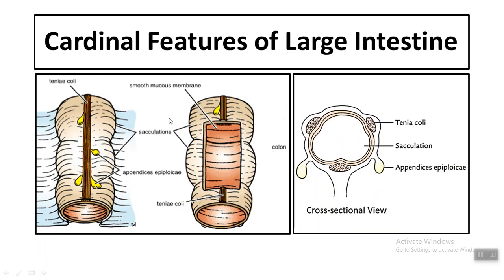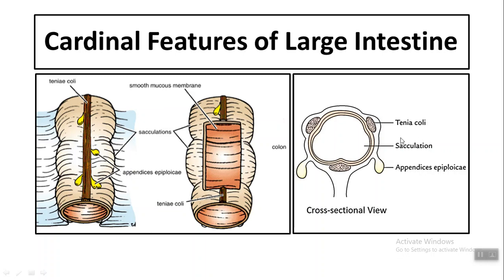Here, another diagram showing the cardinal features of the large intestine. These are the tinea coli, which are the longitudinal bands of muscle that have three. In the cross section it is apparent: three bands of longitudinal muscle that is called tinea coli.